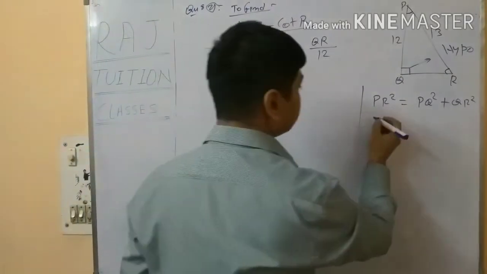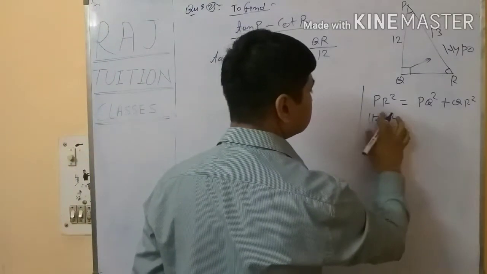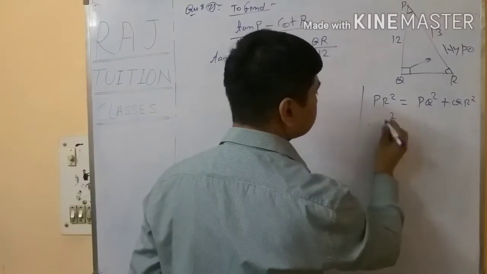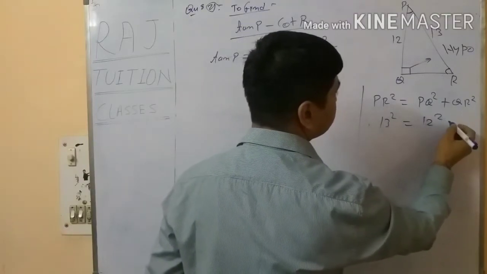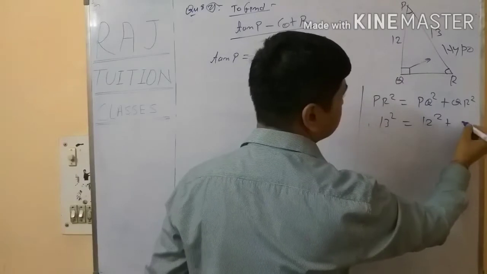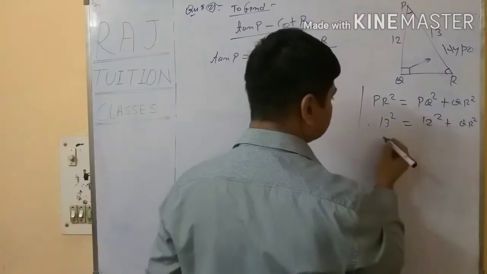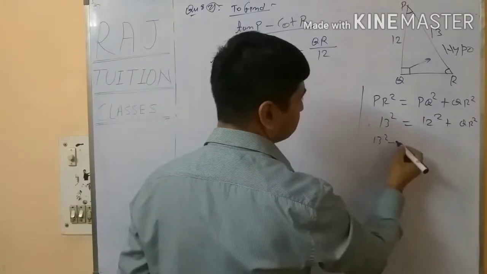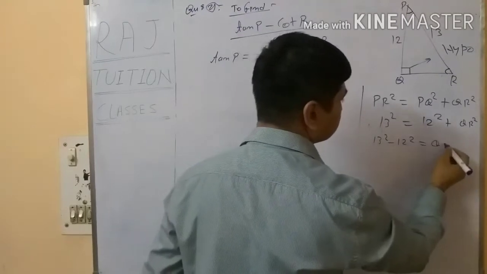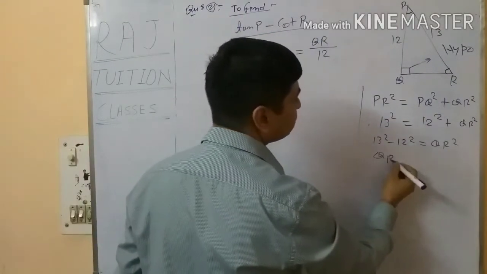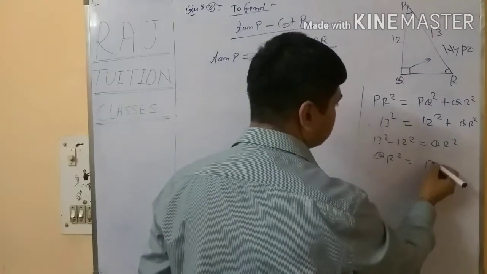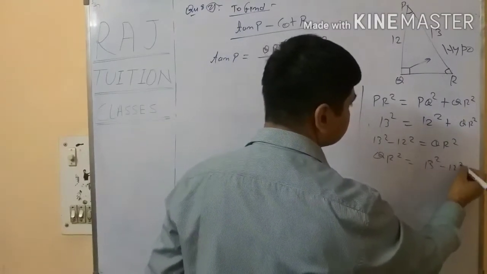So 13 square equals 12 square plus QR square. We have already discussed all these calculations many times. Flip it now: 13 square minus 12 square.